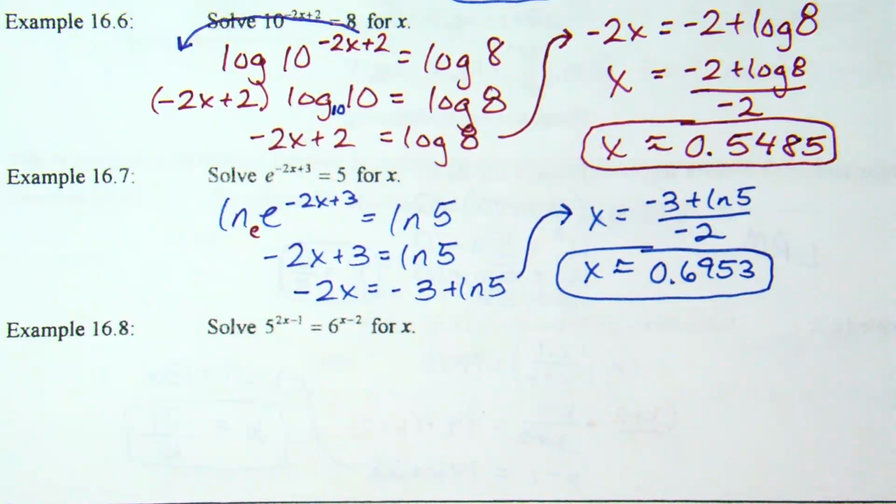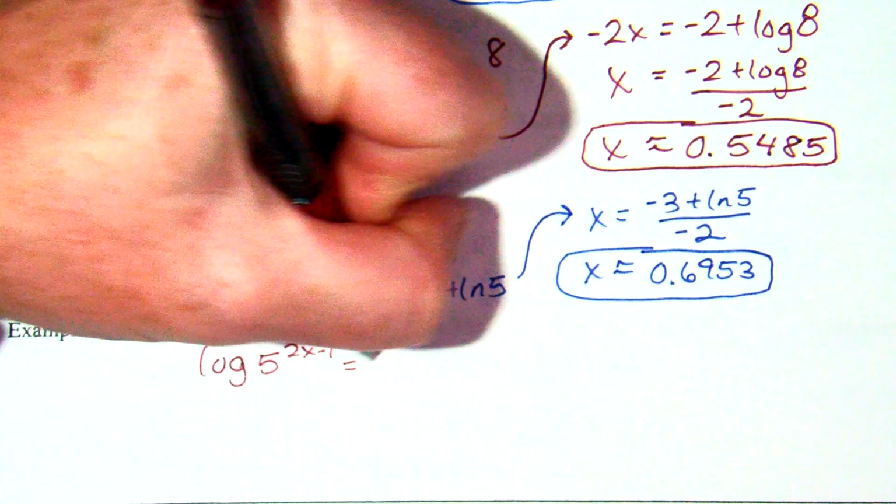Can you get 5 and 6 to be the same base? No, so we're going to need to take the log. You want to do common log or natural log? It technically doesn't matter. No, we've got bases of 5 and 6. Nothing's being nice like it has been the last 2 problems. So log of 5 to the 2x minus 1 equals log of 6 to the x minus 2.